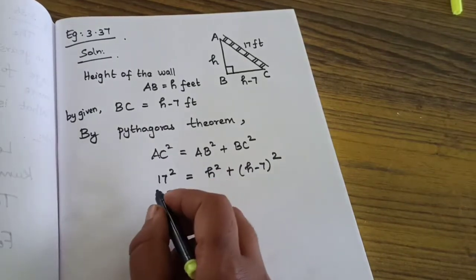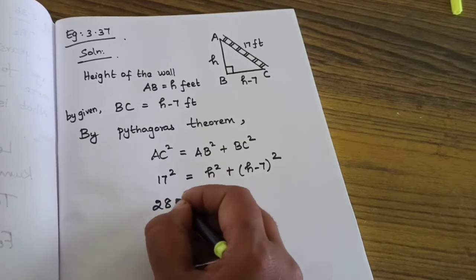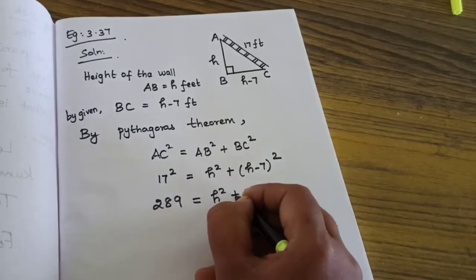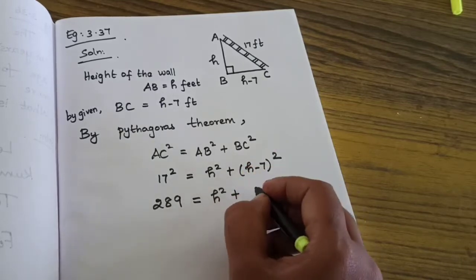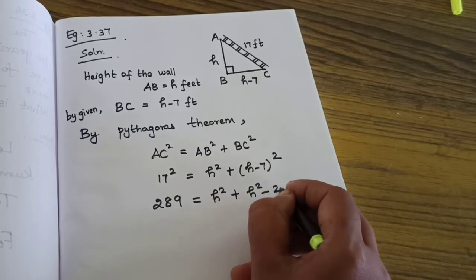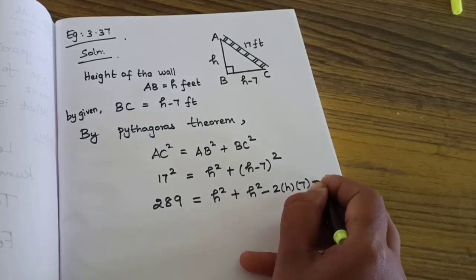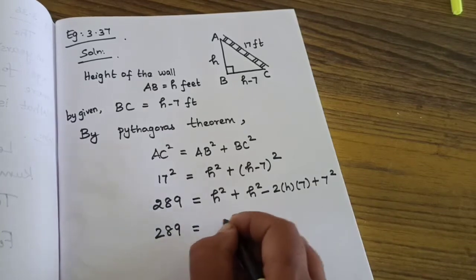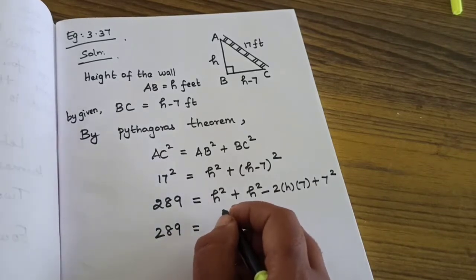How can we solve? 17 square is 289. It is equal to h square plus, this one we can expand using the a minus b the whole square formula. So a square minus 2ab plus b square. 289 is equal to h square plus h square.